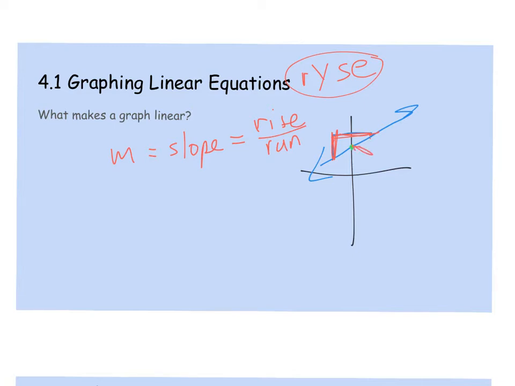And you got your y-intercept there, that's b. And we're going to talk about slope-intercept form of a linear equation, and that's y equals mx plus b, and m is your slope and b is your y-intercept.